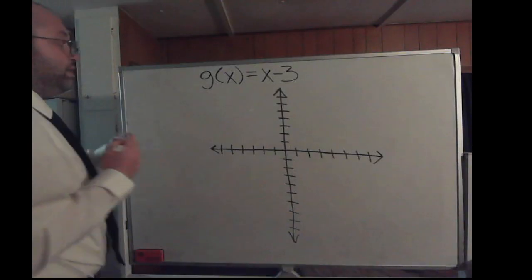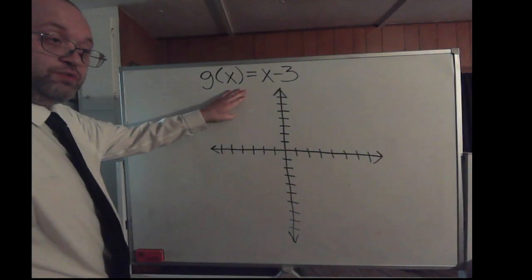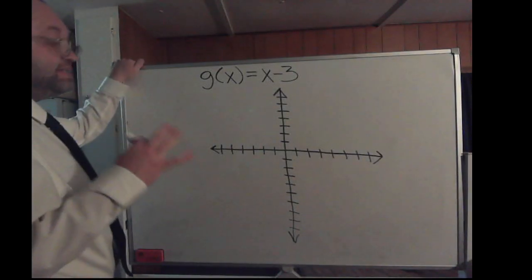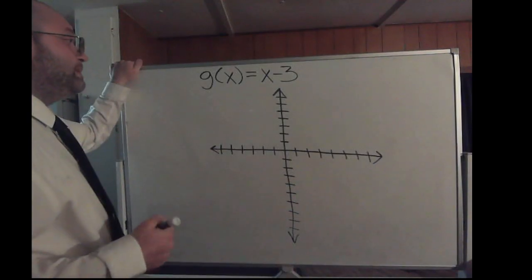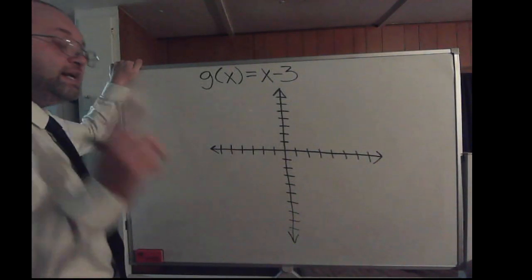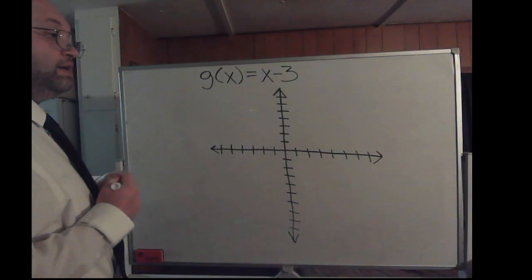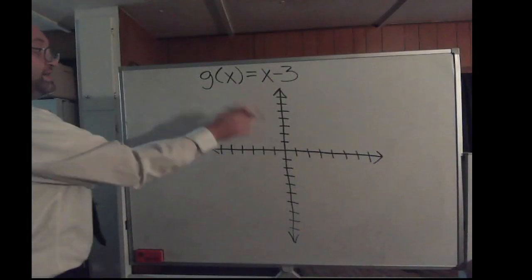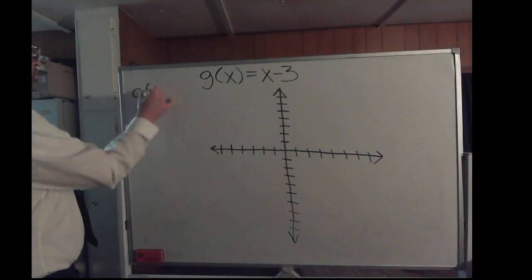Okay, so we want to graph the function g of x equals x minus 3. Well, since this is a linear function, it's relatively easy to do. You need to find at least 2 points. My suggestion is going to be the y-intercept, which would be when x is 0. So first thing you're going to do is take g of 0.